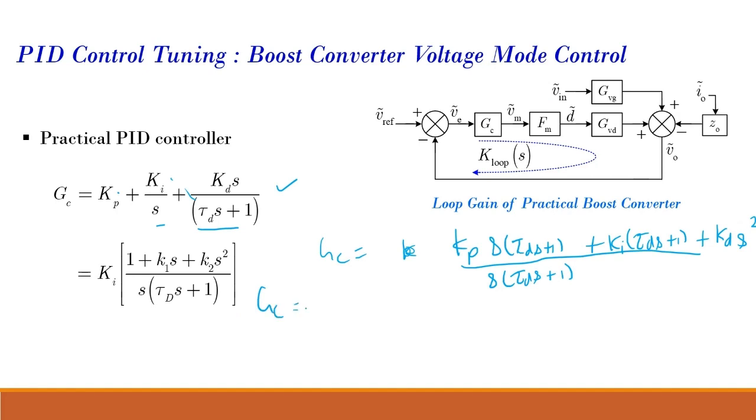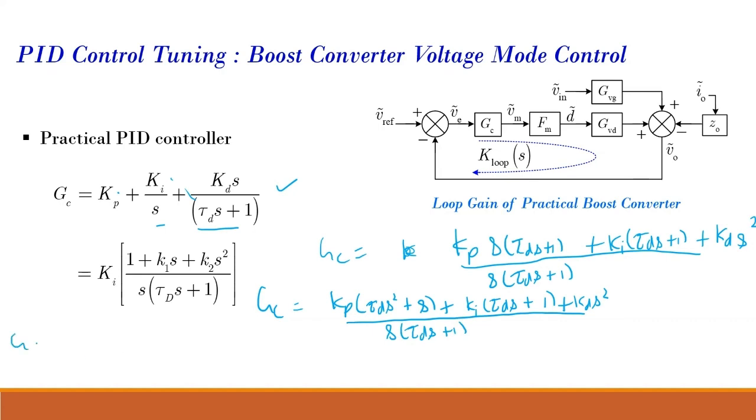So my GC will become equal to KP into tau D of S square plus S plus KI into tau D of S plus 1 plus KD into S square, upon S into tau D of S plus 1. So we write it as GC is equal to KI, we take it as common.